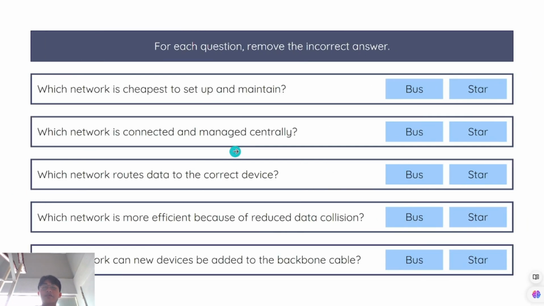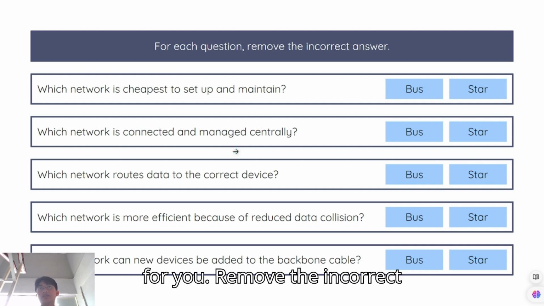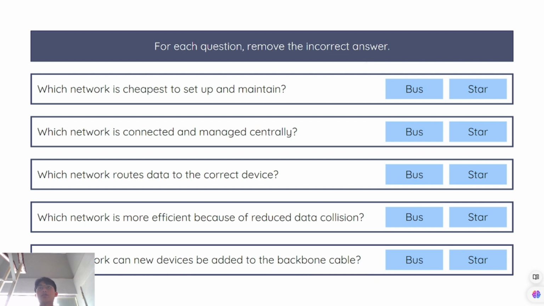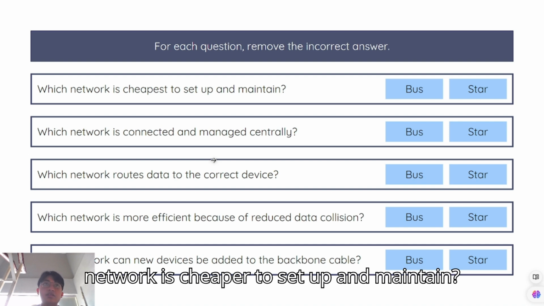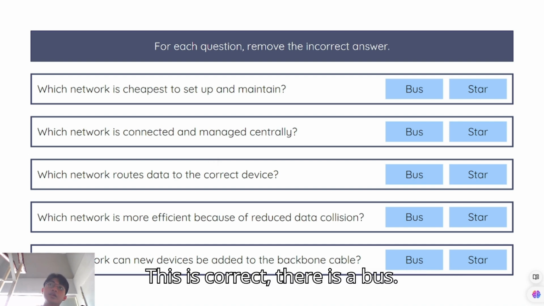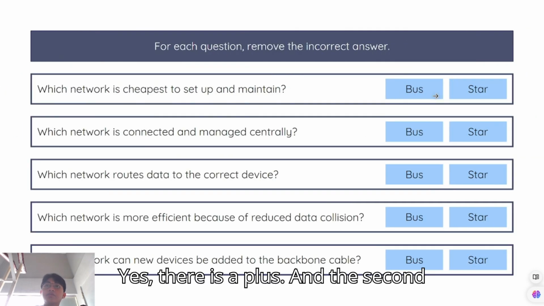And then I have some questions for you. I will give you some time. The first question: which network is cheapest to set up and maintain? The answer is bus.